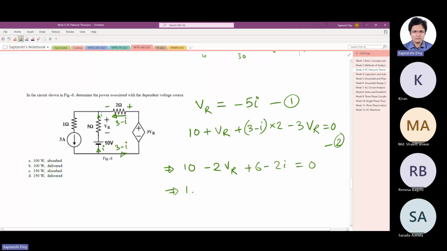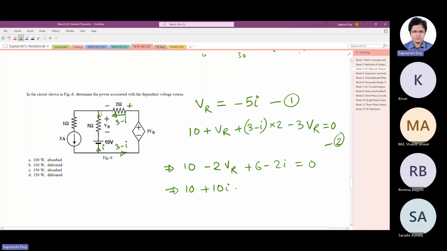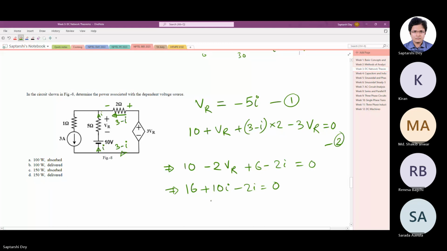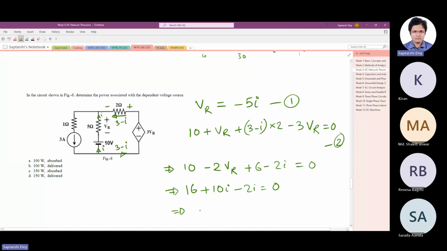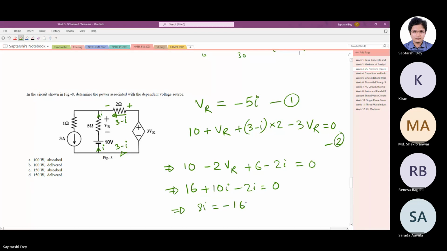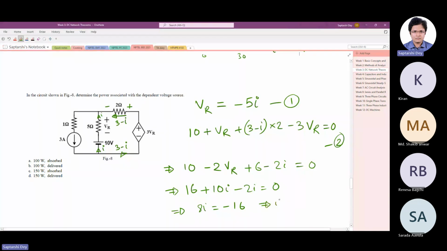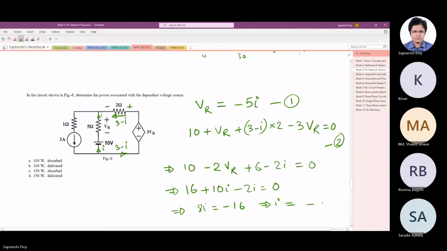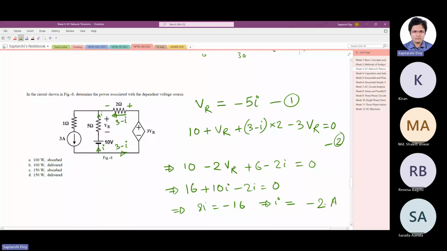So if I replace VR with minus 5I, then I have 10I. So 8I is minus 16. I is how much? Minus 2. I is minus 2. Okay.